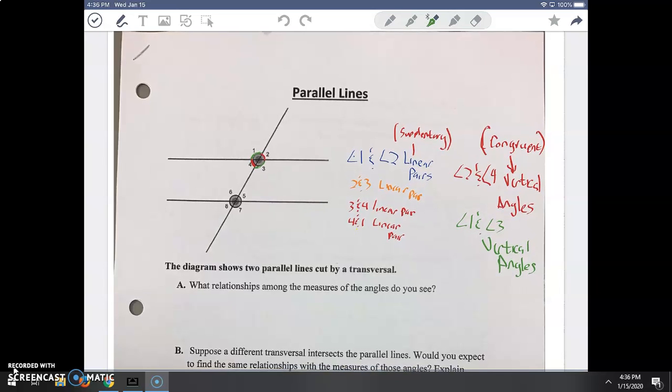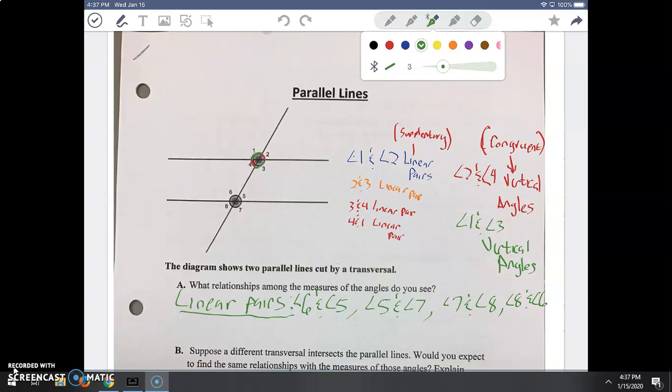Let's name all the linear pairs: angle 6 and angle 5, angle 5 and angle 7, angle 7 and angle 8, and the last one, angle 8 and angle 6. Those are all linear pairs. They're supplementary. You add them up, they equal 180.